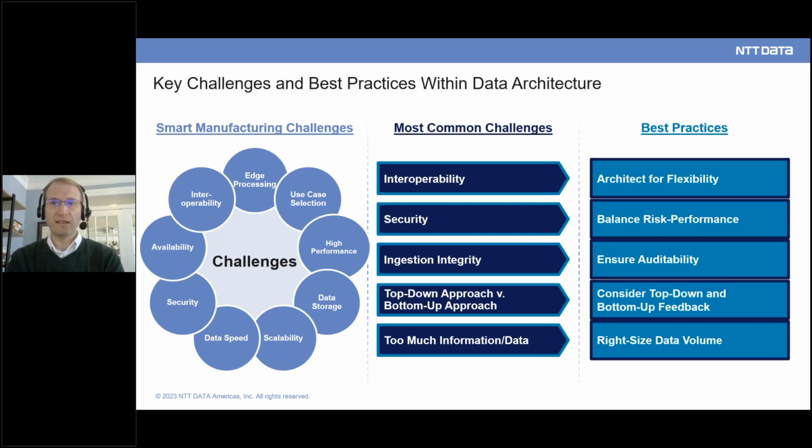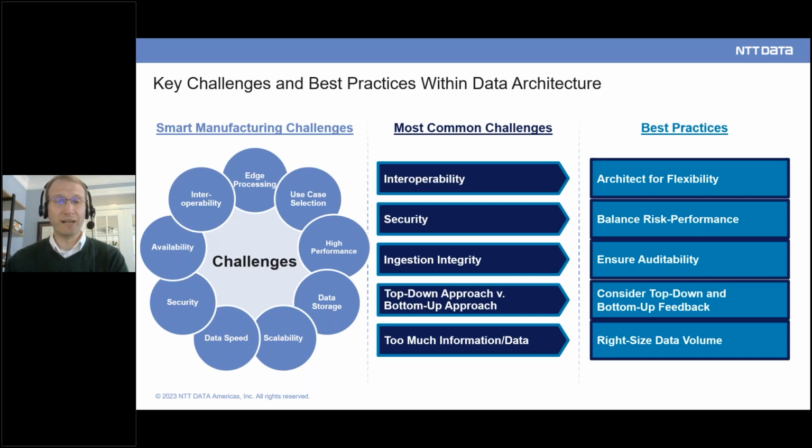Essentially, that common challenge deals with the fact that you've got different types of devices that are sending out different types of data, so different protocols, different schemas, different structures. And that all creates a need for different types of processing. So on the right-hand side, we talk about best practices.